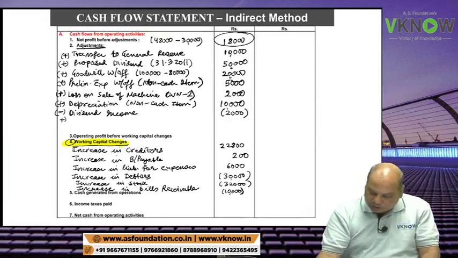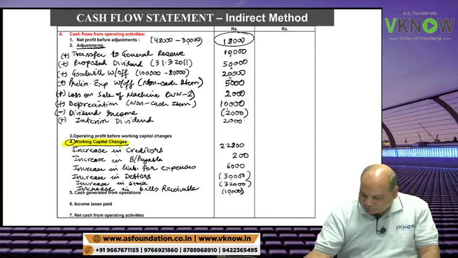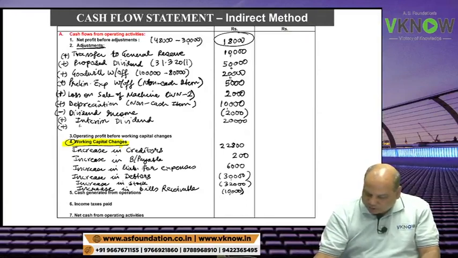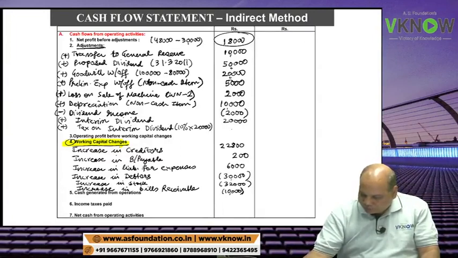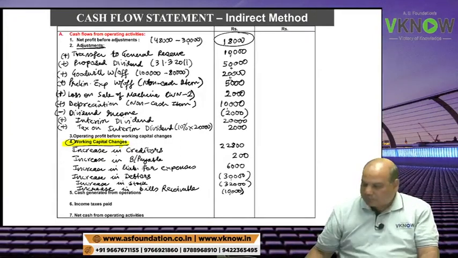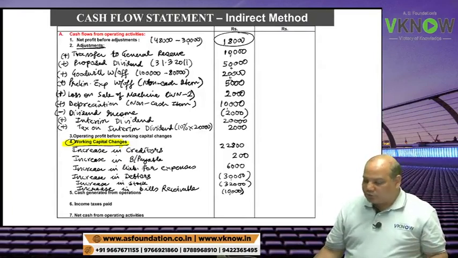So write down here, add back in adjustment, interim dividend amount is 20,000. Also write down add back tax on interim dividend. This will be 10% of 20,000, this is 2,000. Keep more space. I said 14 lines. You can keep a little more.